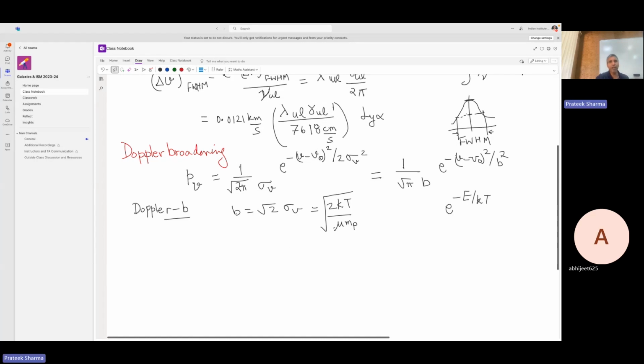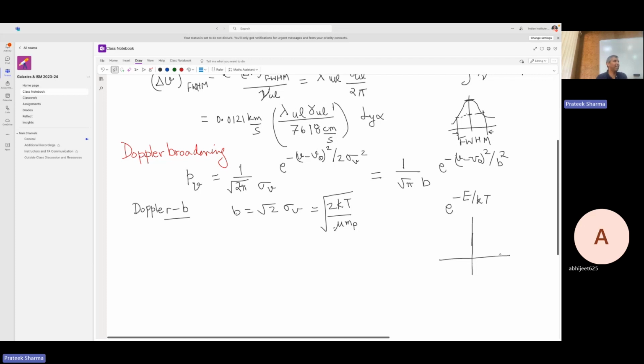So if you have a velocity distribution function like this, and if the intrinsic line profile is infinitesimal, right? That we already saw, it's only 0.01 kilometer per second.